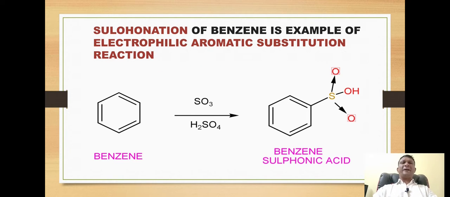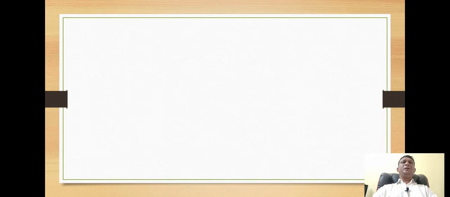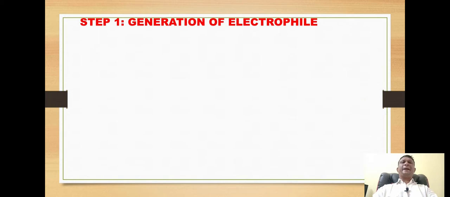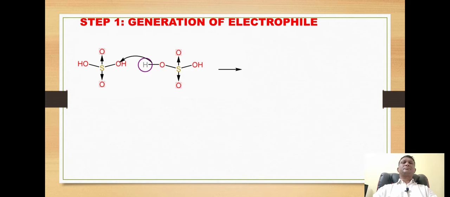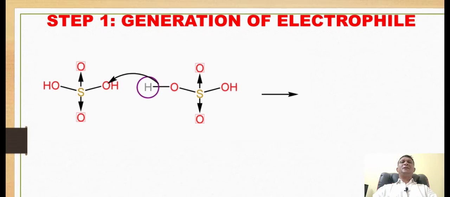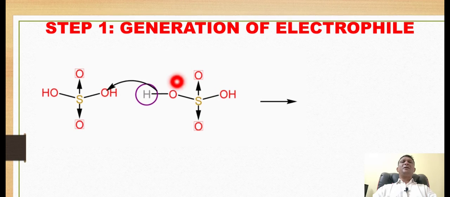Let's look at the mechanism of this reaction, which involves the first step, that is generation of the electrophile. Here, two molecules of sulfuric acid react in such a way that one sulfuric acid liberates a proton, which is transferred over the hydroxyl group of the other sulfuric acid molecule.